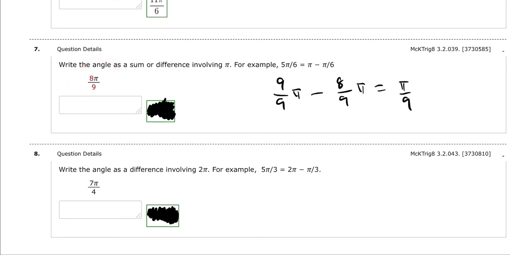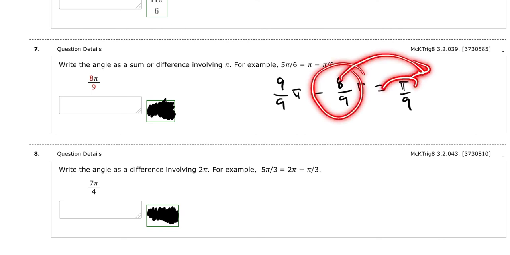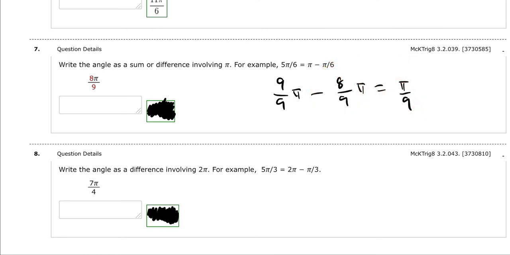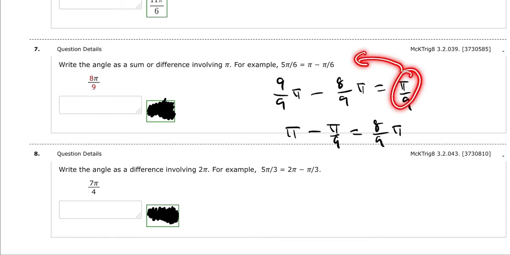So in order to get this isolated, we'd have to add this over and bring this over. So that's the same thing as saying pi minus pi over 9 is the same as 8 over 9 pi. So I just reversed this one. I brought this over to the left side by subtracting it, and I brought this over to the right side by adding it. And so this is your final answer.